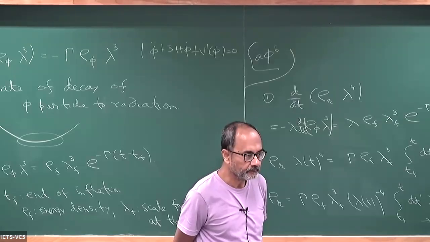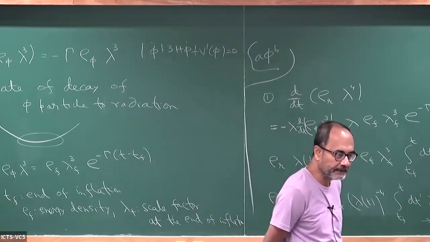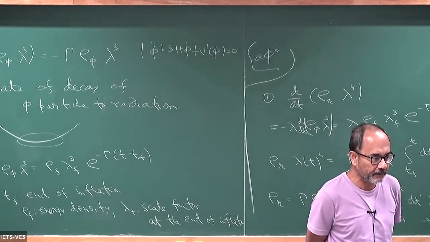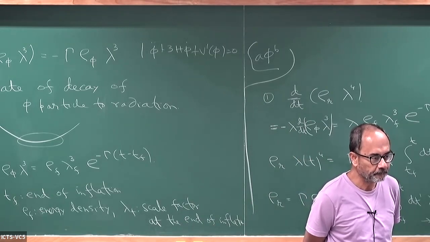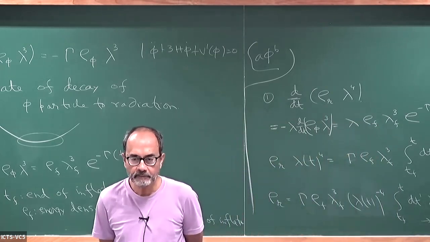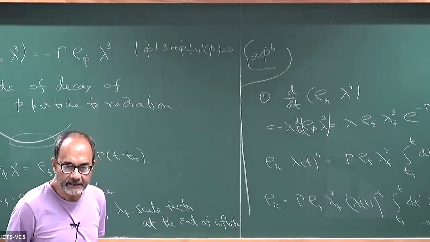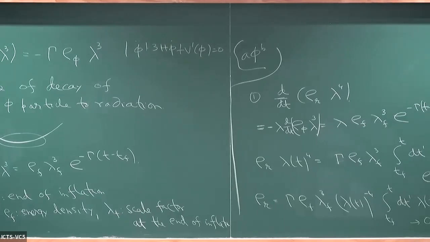There is some bound, because if you take the A phi square, there's a bound on A. That will tell you the bound on the cosmological constant, but not very much more. Tf corresponds to lambda 2 roughly, except that the conversion from slow roll to phi equal to 0 may take a little while. But otherwise lambda f is like lambda 2.